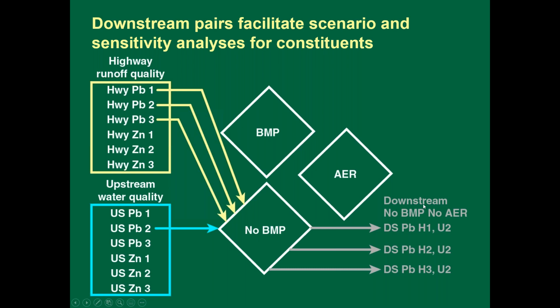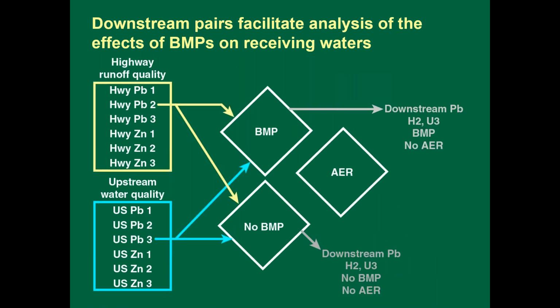So in this example, we're not doing downstream, we're not doing a BMP, and we're not doing this adverse effect ratios. So if we were interested in the potential effects of BMP, what we would do is we'd generate 2 downstream pairs.